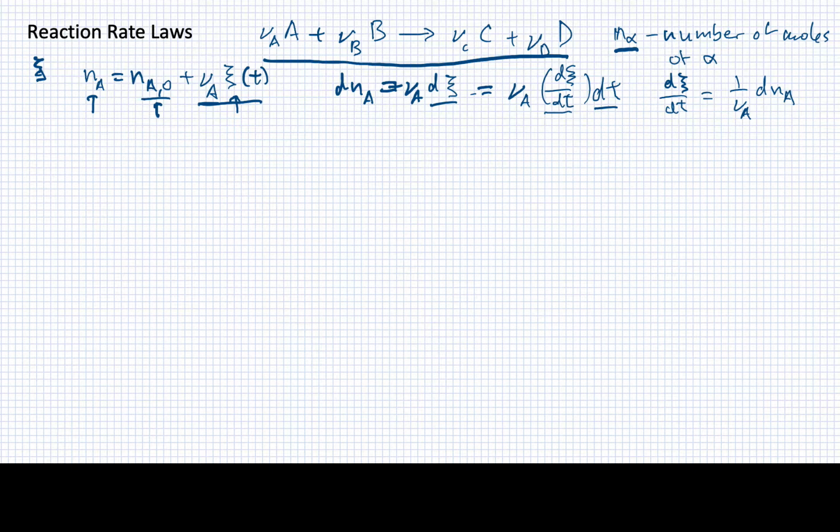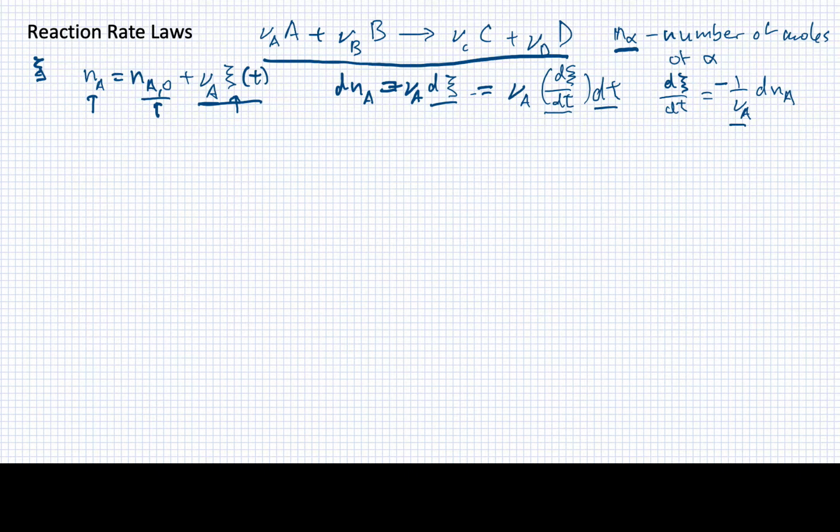Now there are a couple of things that I want to do that are also a little different from the previous module. I had been writing this so that we would understand that the stoichiometric coefficient was negative if it was a reactant and positive if it was a product. I want to be more explicit than that, and I'm going to now put a negative sign in front of this so that we can track that.